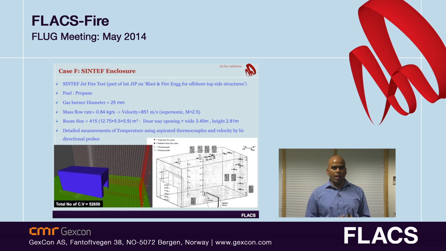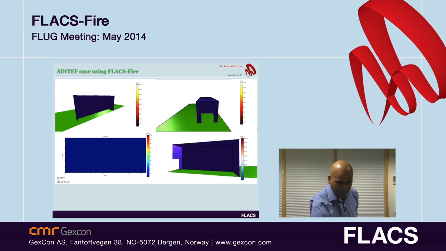The number of grid cells used here is about 52,000. This video shows the temperature profile inside the room and outside the room, as well as the CO2 and the oxygen content, radiative flux and the CO2 content inside the room.